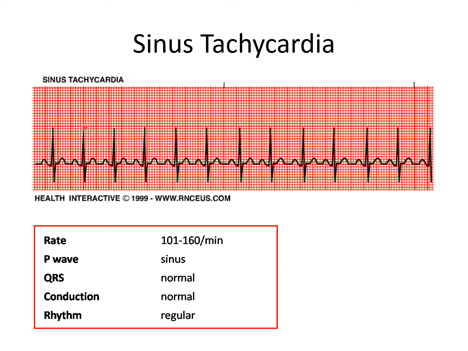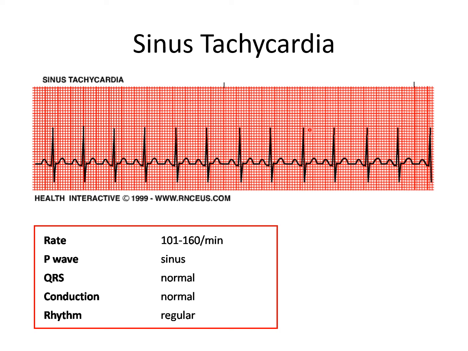You'll put one point of your caliper here and the other point on the next R wave, and then you'll rotate the top of your calipers, and when you rotate it, the tip should land on the next R wave. Rotate it again, it lands, and it does march out. And what that's telling us is that we have a regular rhythm. So sinus tachycardia is a regular rhythm, and this is indeed sinus tachycardia.